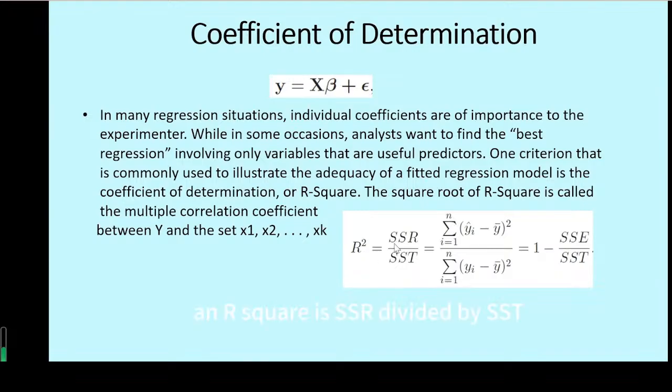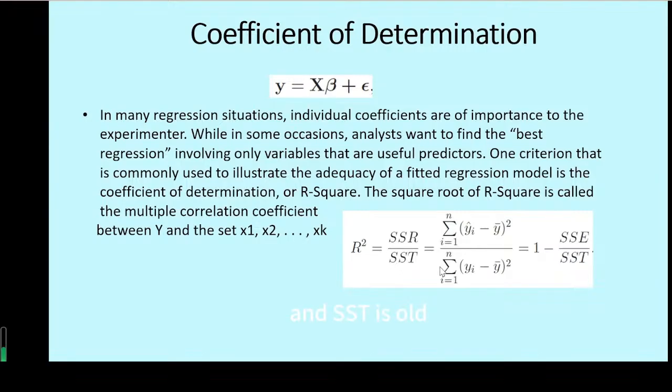R square is SSR divided by SST. SSR is the fitted value minus the Y mean value, squared, then summed over all the observations.